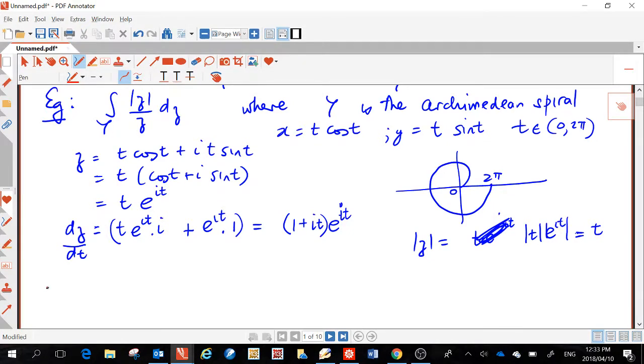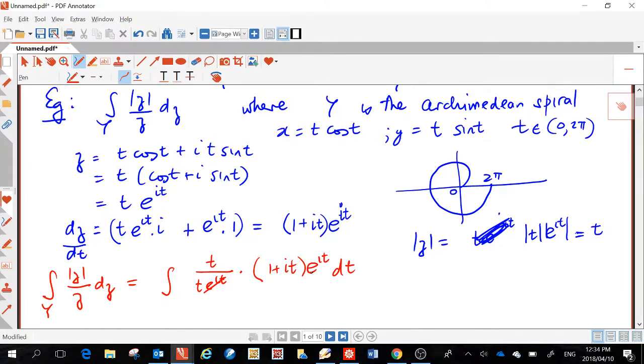So that's enough now for me to compute the integral. When I compute the integral of mod z, bar z over z dz along gamma, it can be written as mod z is t, over z is t e to the i t, times dz is 1 plus i t times e to the i t dt. I just plug in all the stuff over here, including dz, which is now something dt.